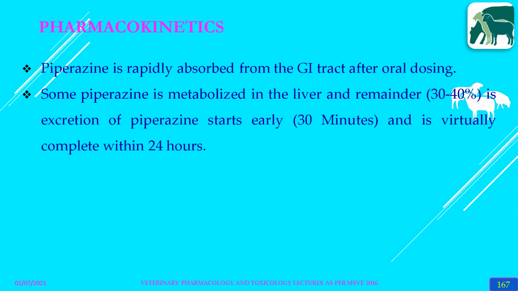Piperazine, in any salt form like citrate, adipate, hydrochloride, hexahydrate, etc., is metabolized in the liver, and about 30% is excreted as piperazine.